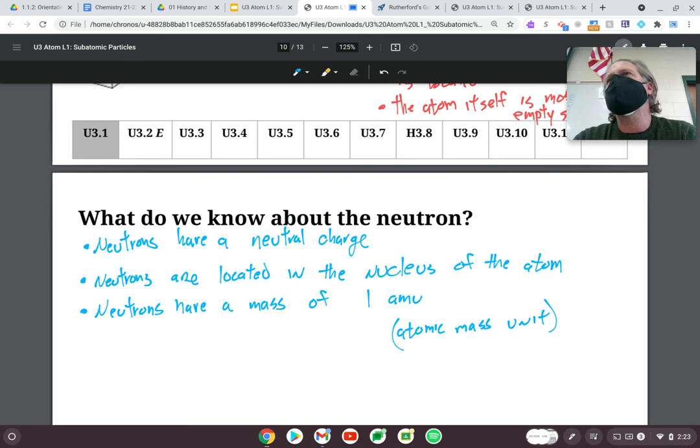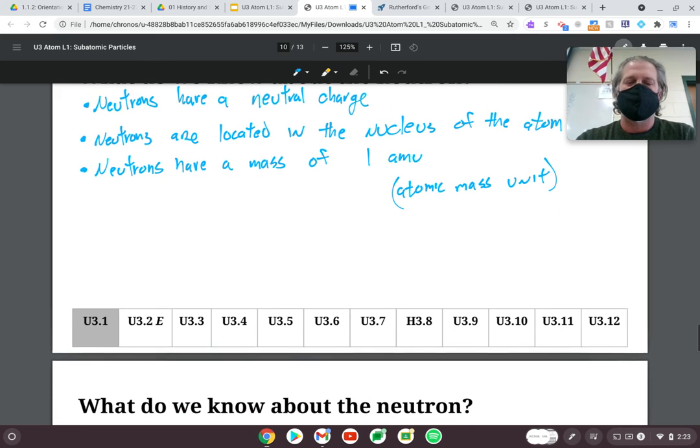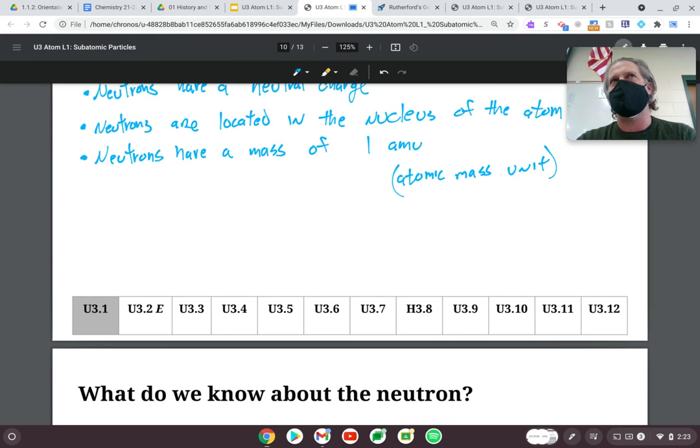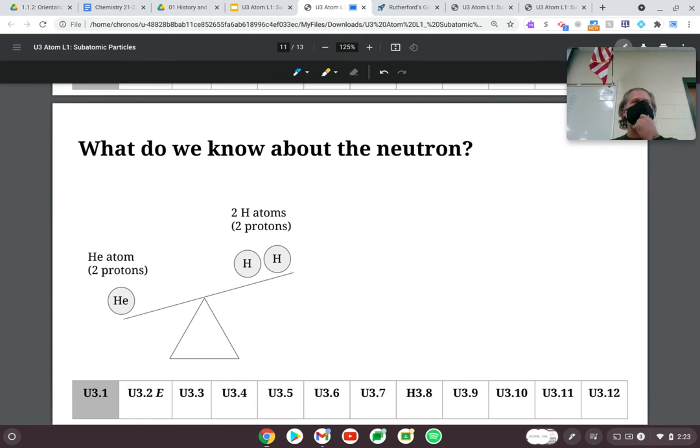So again, what I said at the beginning of the hour was that how we know what we know about the atom is based on experimentation and data that we collected. So here's what we thought, but it's not necessarily true. We thought that since all atoms have protons, if we had an atom that had 10 protons in it, then two atoms of 3 protons and 7 protons should have equal masses.